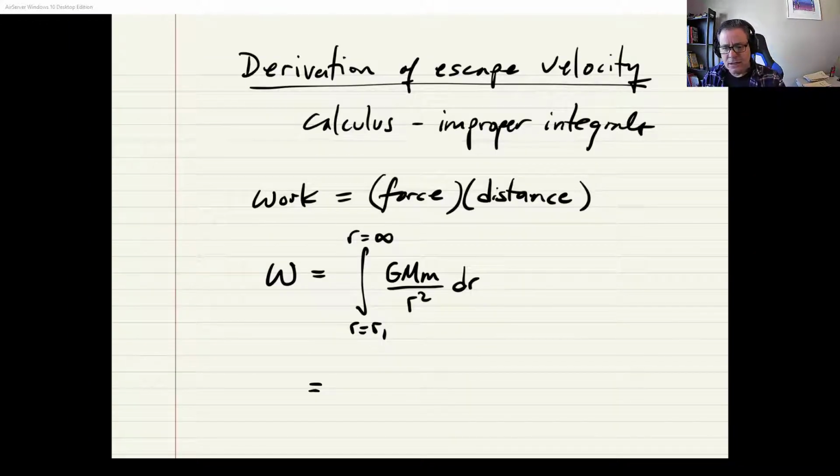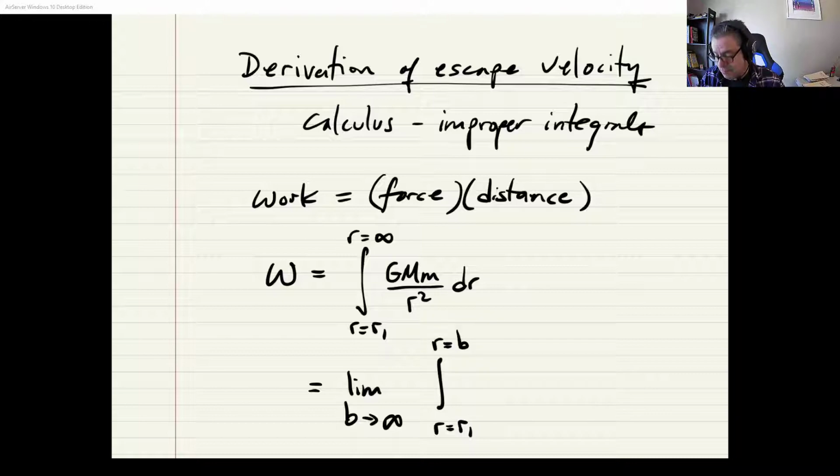Well, to evaluate this improper integral, we'll take the limit as some arbitrary value b goes to infinity of the integral from r1, the initial distance, to r equals that b value. That'll be a definite integral where we can use Calc 1 principles, the fundamental theorem of calculus, because this is not a difficult function to find an antiderivative for.